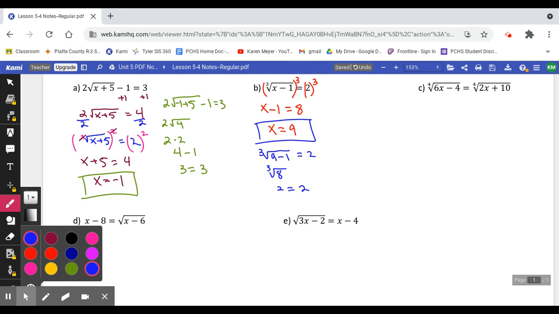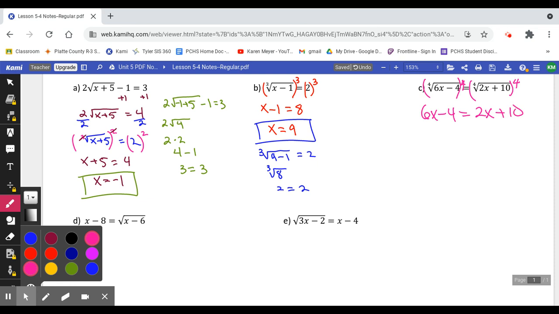C, when you look at this problem, you're going to notice there's a fourth root on both sides. So to get rid of a fourth root, we're going to do a fourth power on both sides. The fourth power and the fourth root just cancel out, so I get 6x minus 4 equals 2x plus 10.